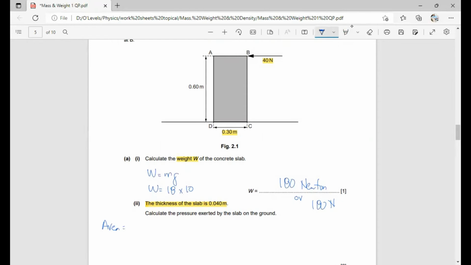In mathematics, we use length into breadth. What is the length? 0.3 multiply 0.04. That is 0.012 meter square.